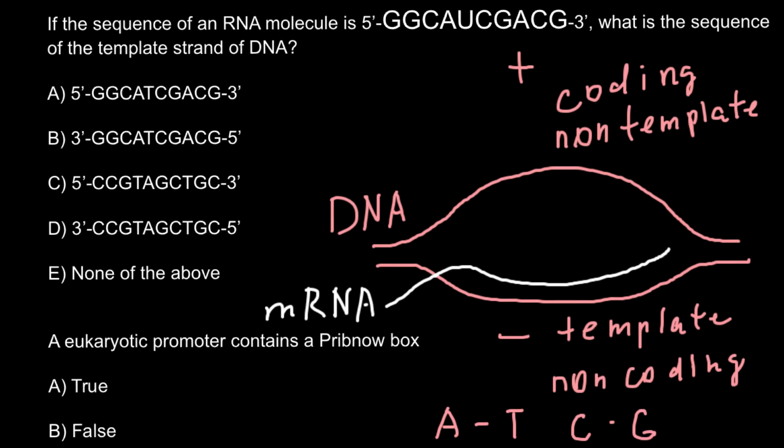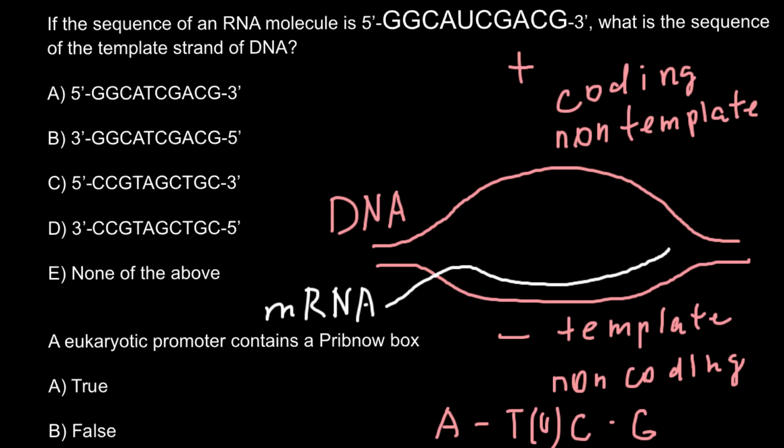And in our example we have messenger RNA, so here instead of thymine we have uracil, so we can say that A pairs with thymine in DNA or uracil in messenger RNA.